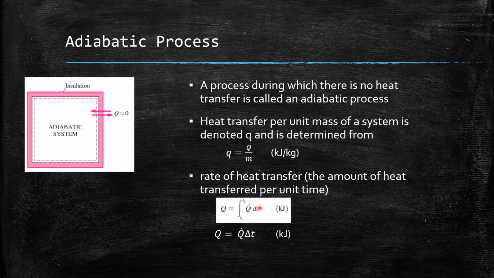And if Q dot remains constant during a process, it can be reduced into this equation. Here, this is the Q and this is the rate. Delta T here is the time interval during which the process takes place. Again, its unit is kilowatts.